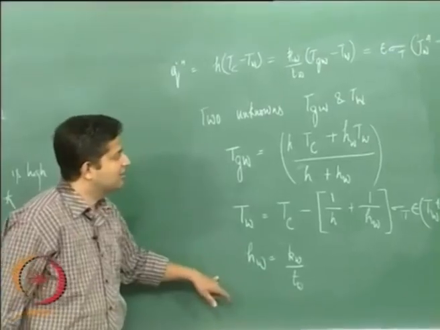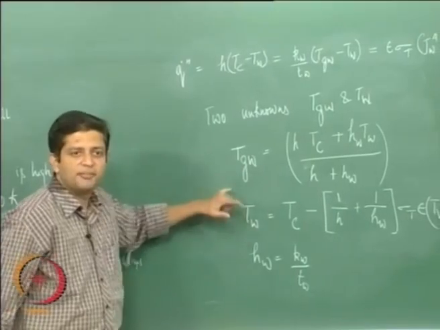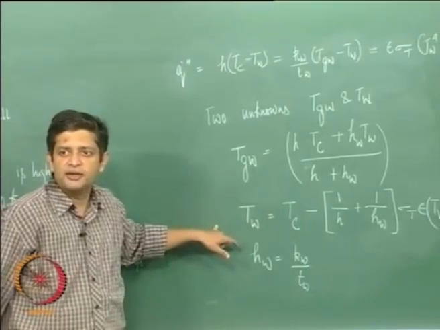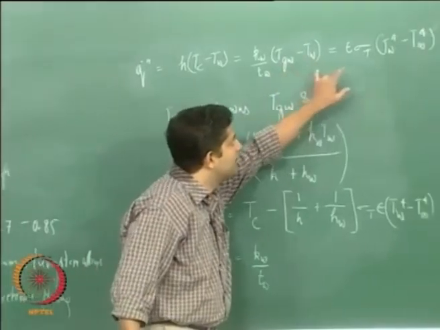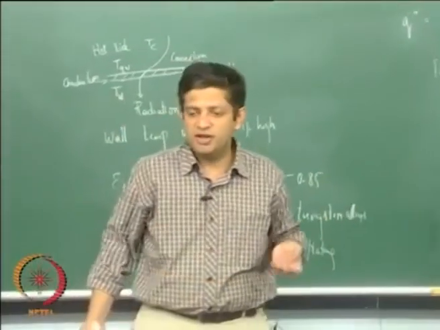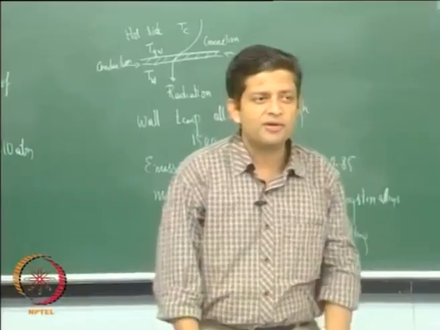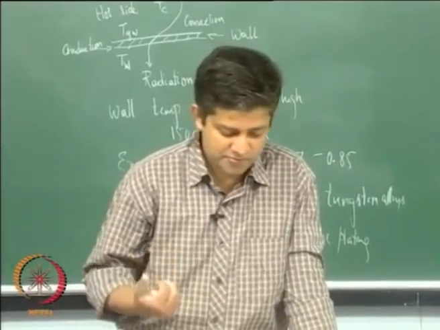So, you can write in this fashion, and so you can get these two temperatures in this way. So, now we know both this and this. Therefore, we can calculate what is the heat flux that is coming into the material and what is being transferred out.